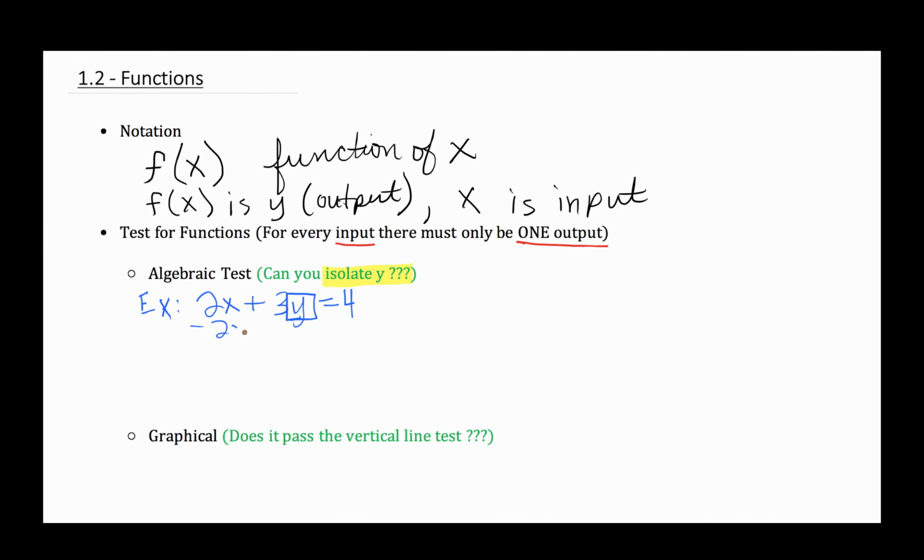So first I'll subtract 2x, and then I get 3y equals negative 2x plus 4. And now I'll divide both sides by 3, and I get y equals negative 2/3 x plus 4/3. I've isolated the y to the left-hand side. There's no other y's on the right-hand side of this equal sign.